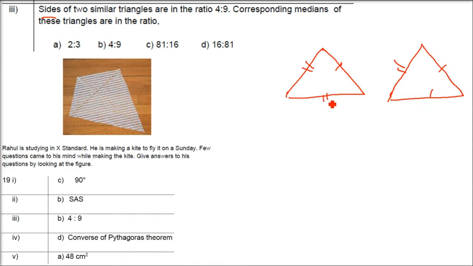So we don't have to worry about anything; there is a proper relation. Side 1 by side 2 equals 4/9, so it will also be the ratio of the medians. The median divides the opposite side into equal parts. So 4/9 is the answer here.